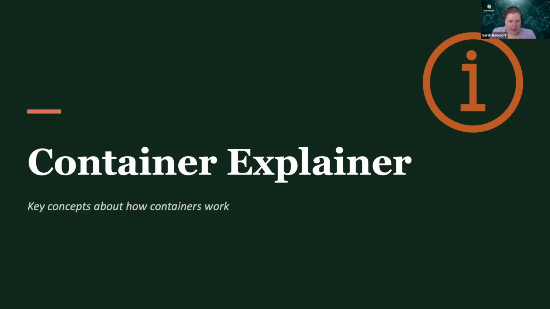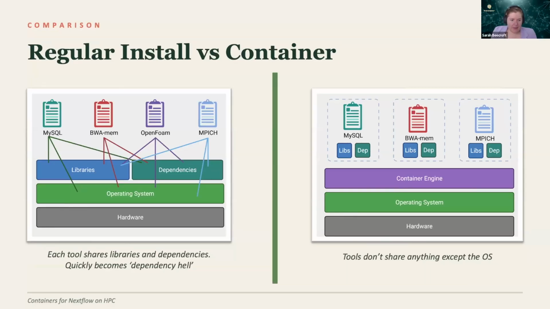So here's a bit of a breakdown of key concepts around containers. What are they and how do they work? When you have a regular installation, on the left here, let's say that these are all different tools that we want to install.